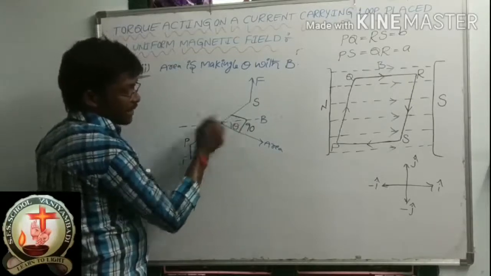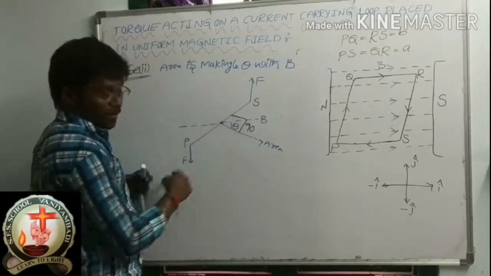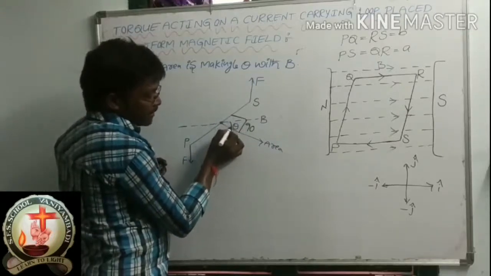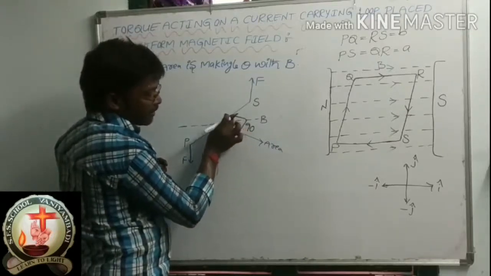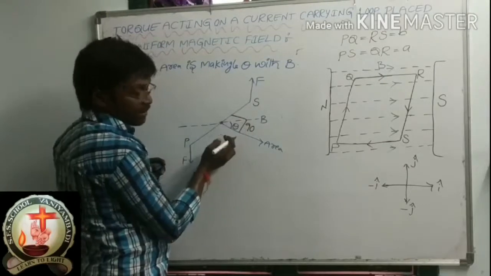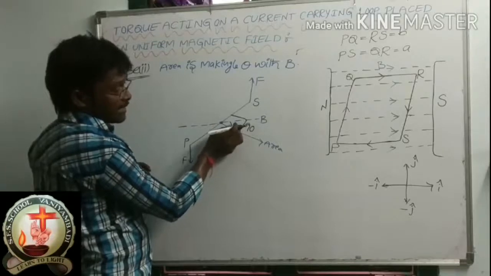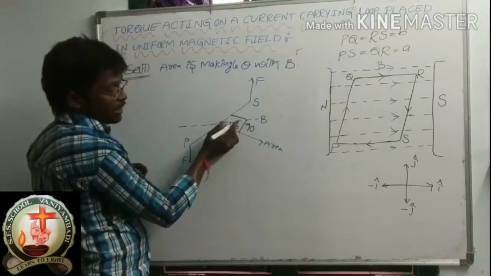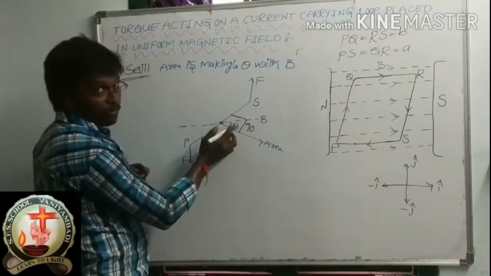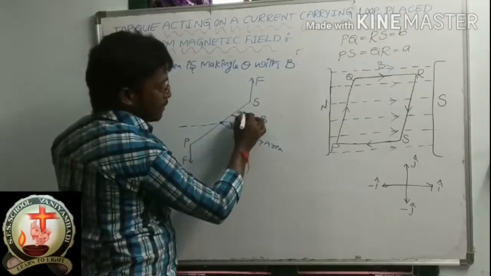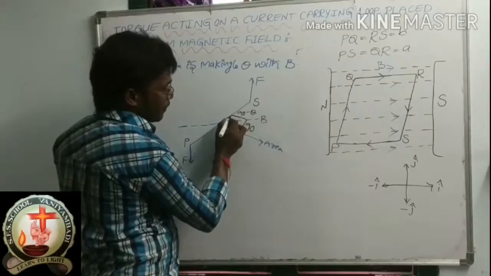Then what is this remaining? This total is 90, and this is theta. I need this angle. So you can remove theta from the total 90, and you need this much only. So what is this angle? 90 minus theta.